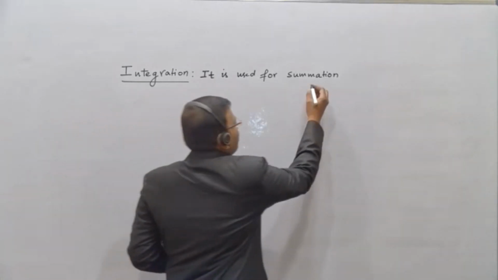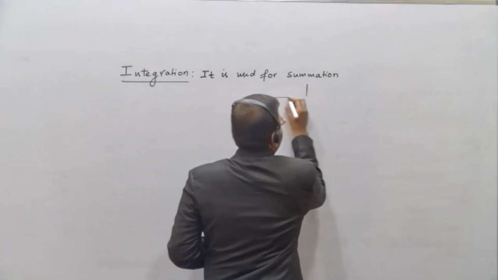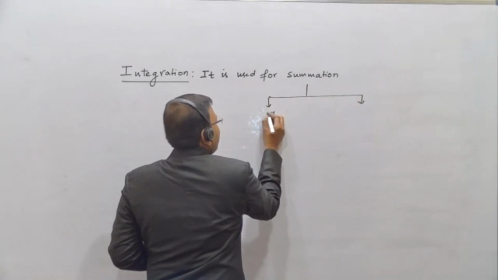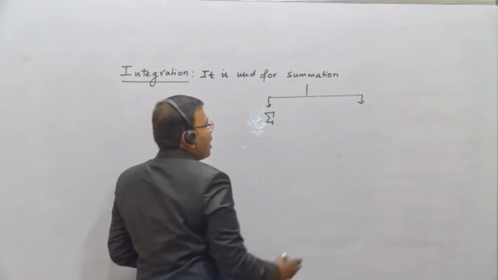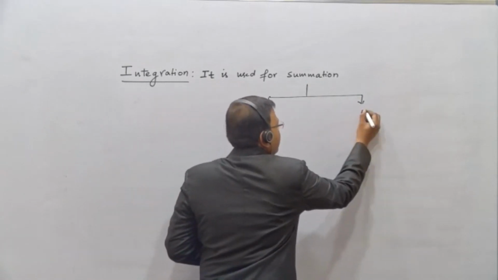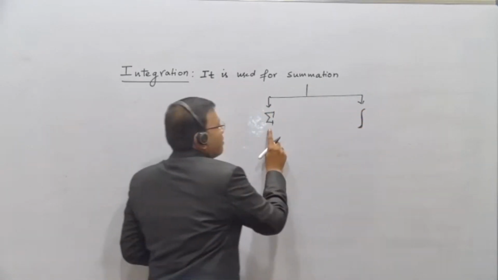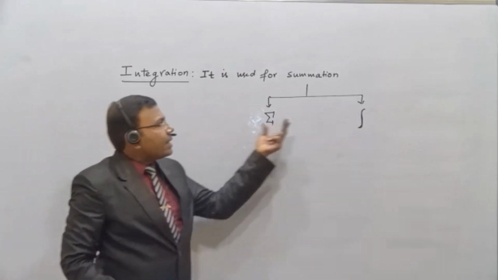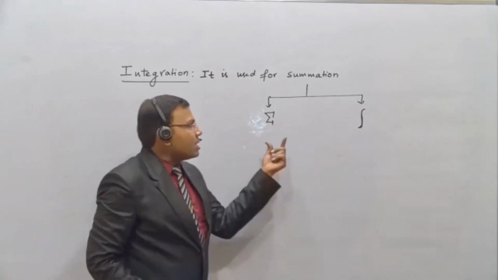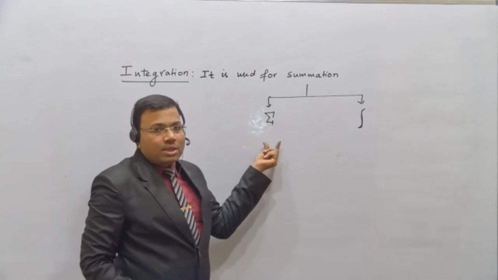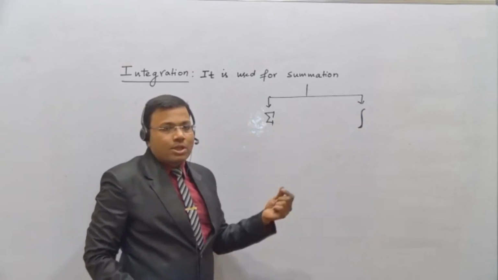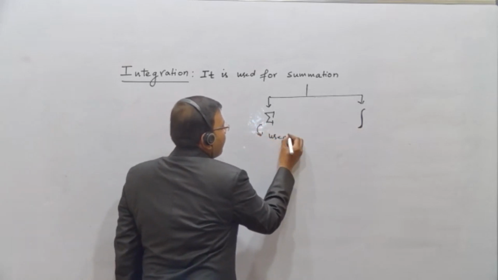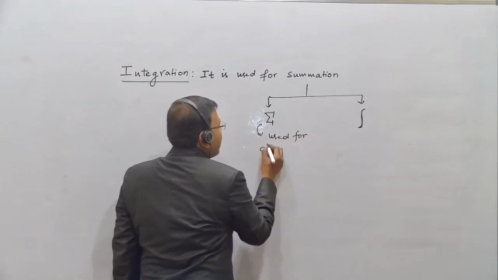If you go for this summation, we can have two types of notation. One is the sigma and the other is an integration sign. This is also a summation sign, this is also a summation sign. But when to use this sign and when to use that sign? This summation, that is sigma, we use for discrete values.